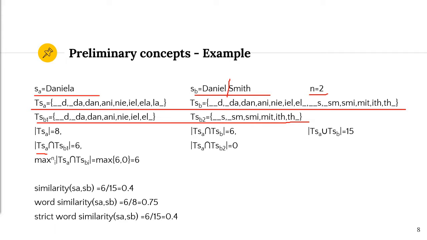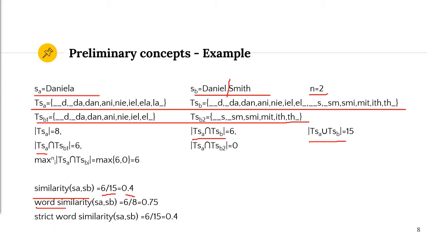To calculate the similarity between A and B, we take the intersection of sets A and B and the union of the same sets. Then we apply the ratio between the results, 6 and 15. Then we have the similarity value of 0.4.